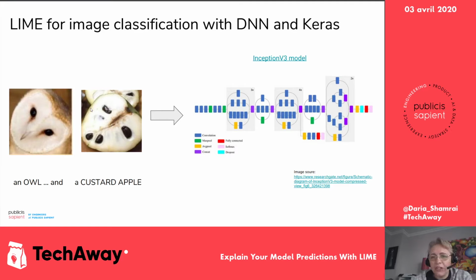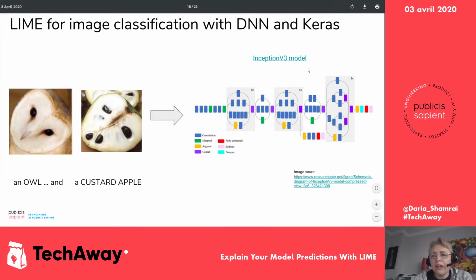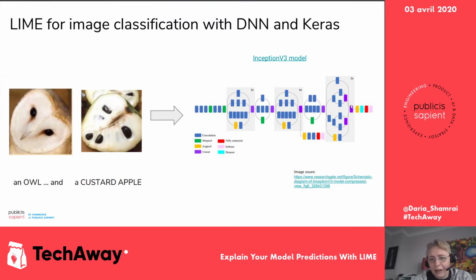To solve the classification task, I used a pre-trained Inception v3 model, and here is the architecture. Now you can really appreciate an opportunity to get some explanations about this thing, because indeed the architecture is super performant, but it's also super complex.